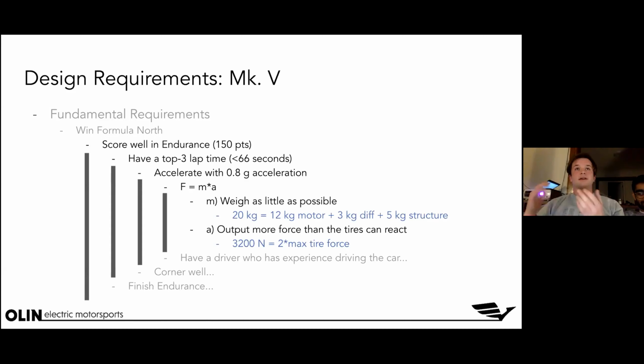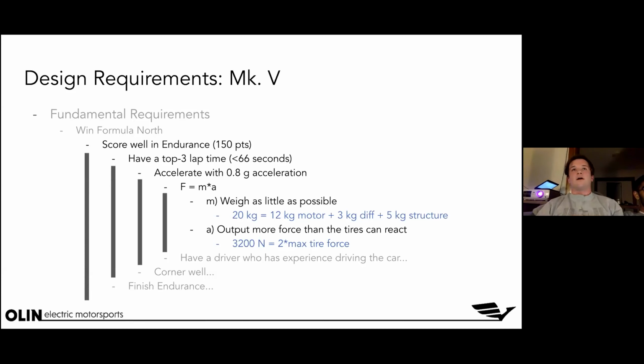Essentially, it went from score well in endurance to having a top 3 lap time, which meant that our car has to be able to go around the track in under 66 seconds, which with some optimum G lap simulation gave us an acceleration number that I definitely did not just guess this afternoon, where we need to accelerate with this amount of acceleration.